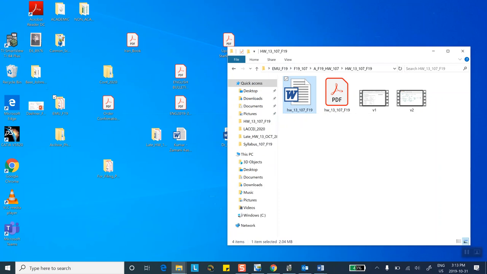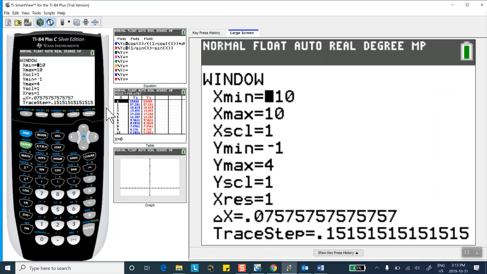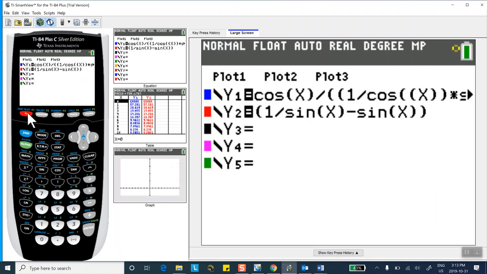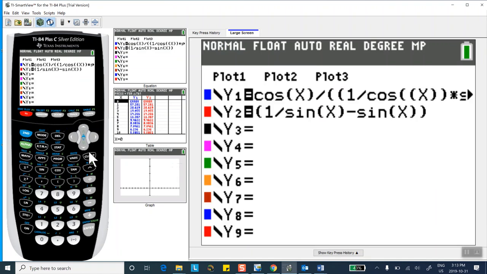Let's go ahead to our calculator right here. I'm going to clear all of these.